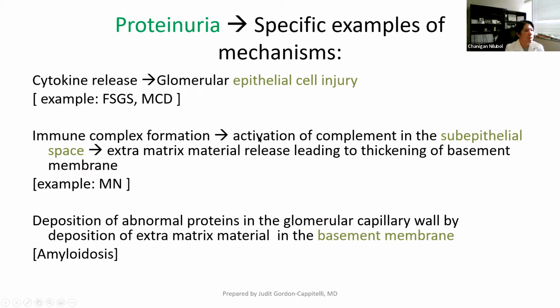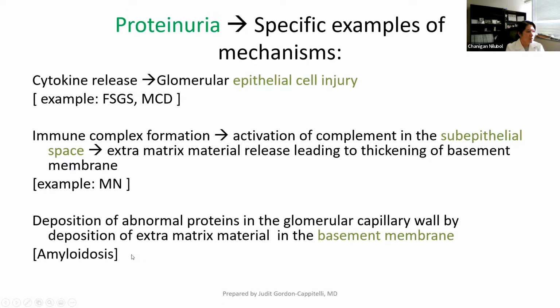So some examples of mechanisms that can lead to proteinuria, for example, in FSGS or minimal change: there could be some cytokine release causing the epithelial cell injury, and that can lead to proteinuria. Or if there is some immune complex that deposits in the basement membrane, then you can have thickening of the basement membrane, and that can lead to proteinuria as well.